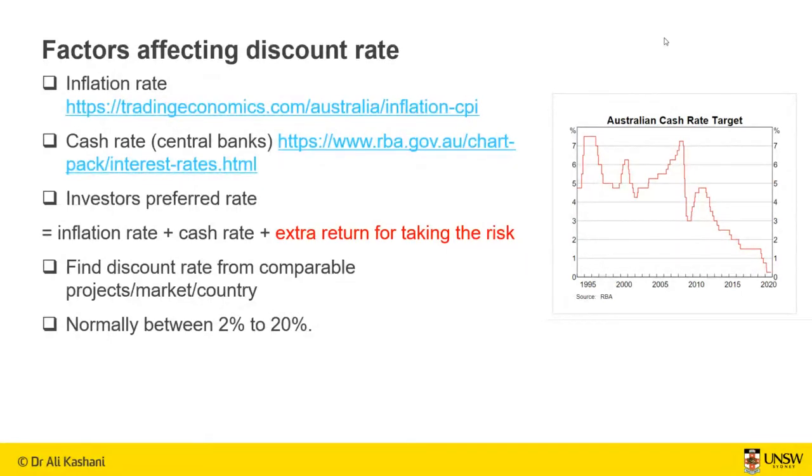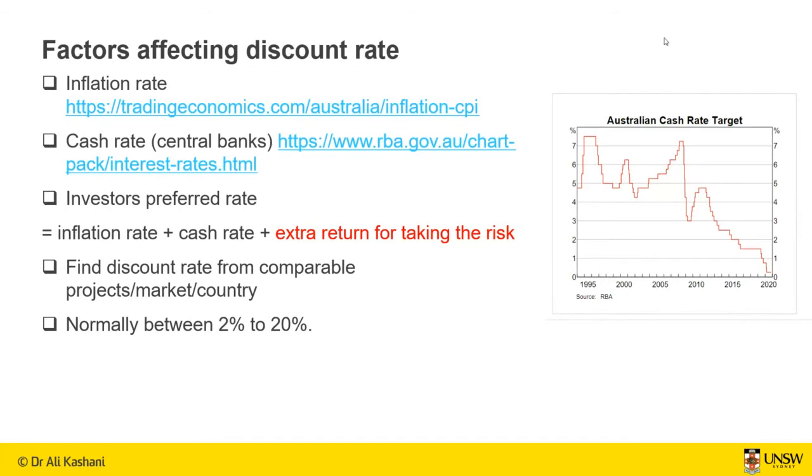The other thing is the cash rate. The cash rate and inflation are going to affect each other, but the cash rate, unlike inflation, is not something uncertain, whereas inflation is based on consumer behavior. The cash rate is set by central banks.